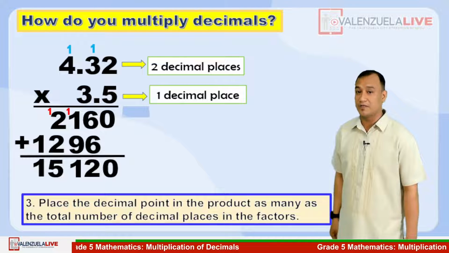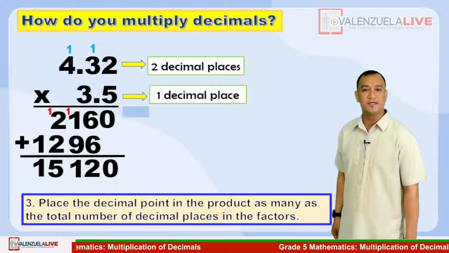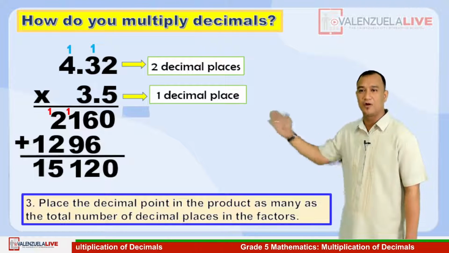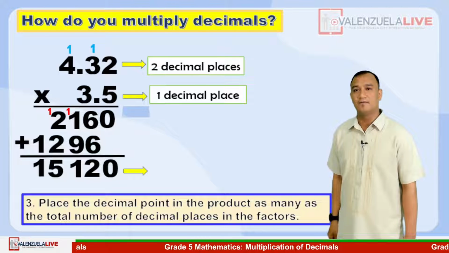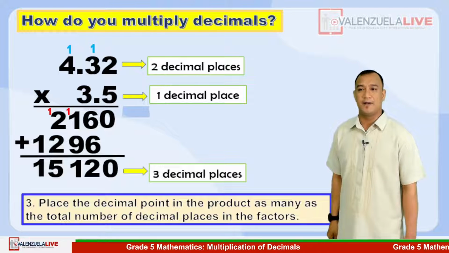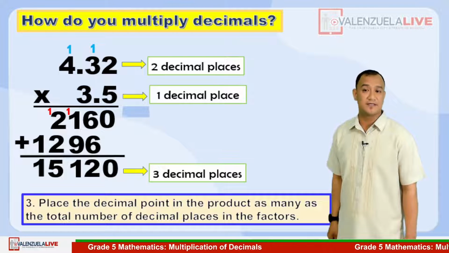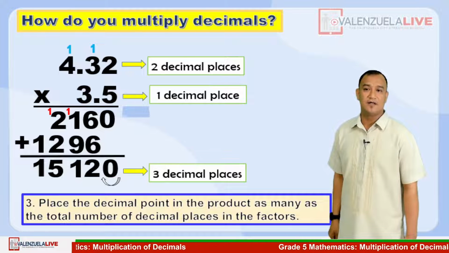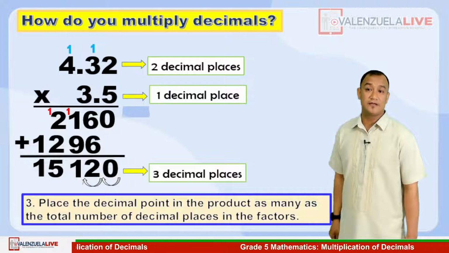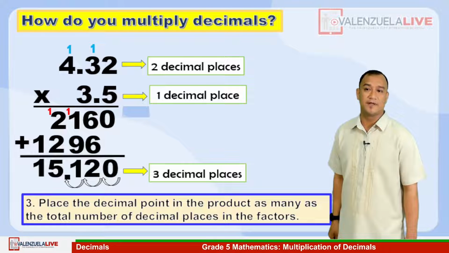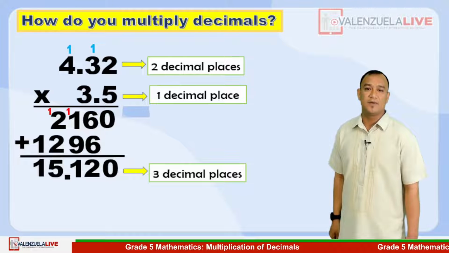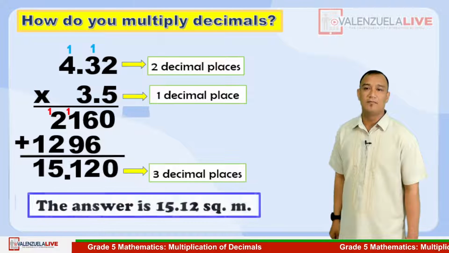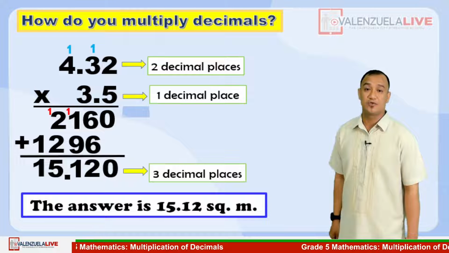And again, we should take note that we always move the decimal point from right to left. Okay, so in this case, we have a total of 3 decimal places. So let's move from right to left thrice. 1, 2, and 3, and put decimal point. So therefore, the answer is 15 and 12 hundredths square meters.